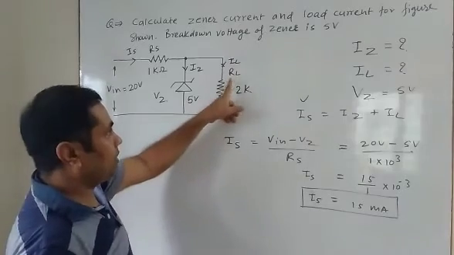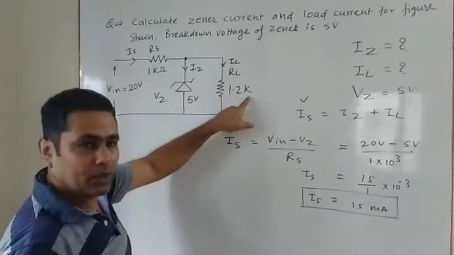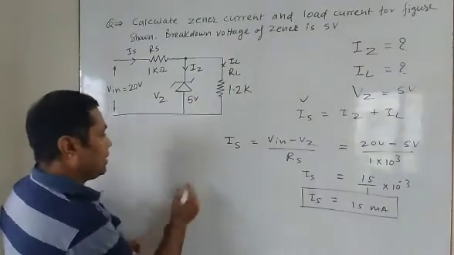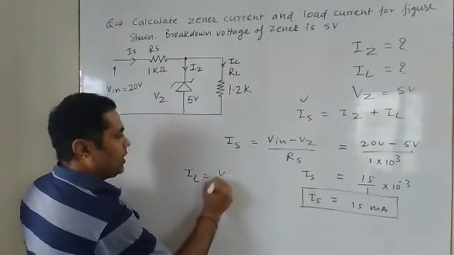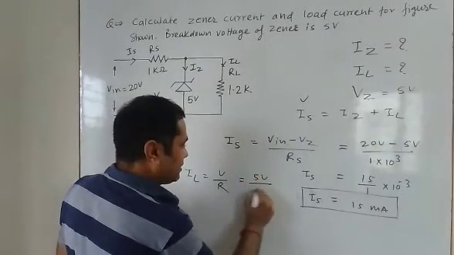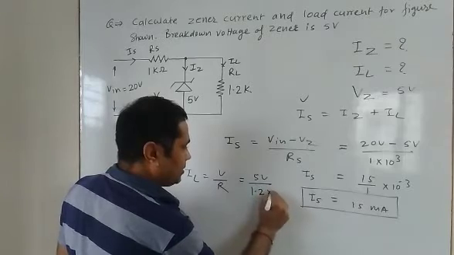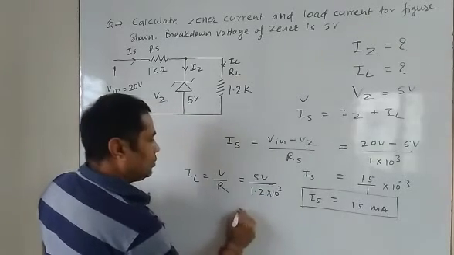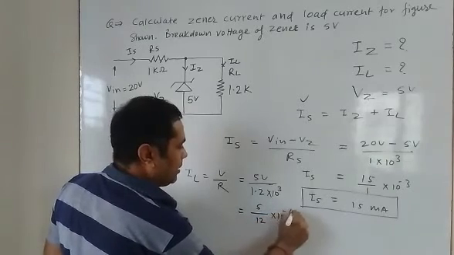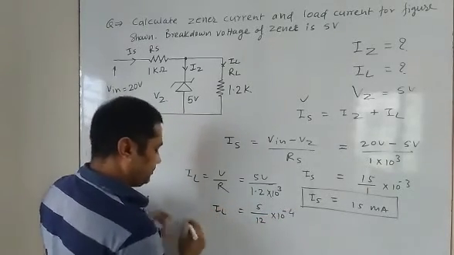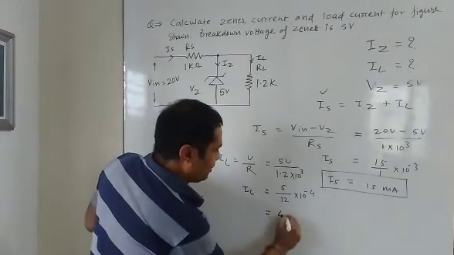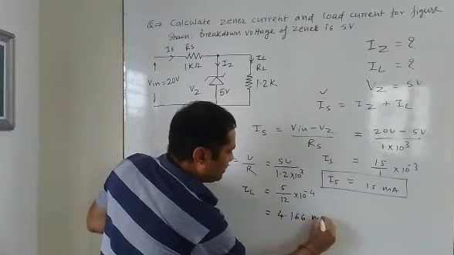The load resistance value is given to be 1.2 kilo ohms. So the resistance is known and the voltage is known, and IL can be calculated as V by R, simple Ohm's law. V is 5 volt and resistance is 1.2 kilo ohms, that is 1.2 into 10 to the power 3. So this will be IL. If you calculate it, it will be 4.166 milliampere.